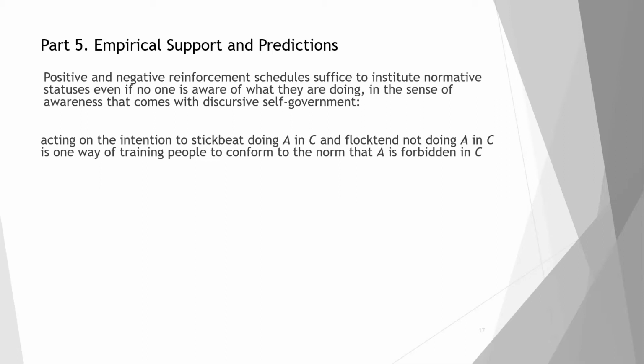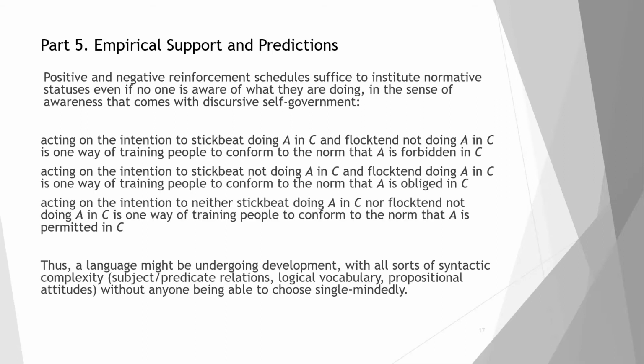So this suggests that insofar as language is a norm-governed thing, some kind of vocal communication, a language might be undergoing development with all its syntactic complexity, subject relations, vocabulary, propositional attitudes, modal operators. I see no reason for any kind of cognitive conceptual complexity in the language itself without anyone being able to choose single-mindedly. So long as there were institutions in the community that were enforced through shared intentionality, there would have been norms concerning what's permitted in the community.